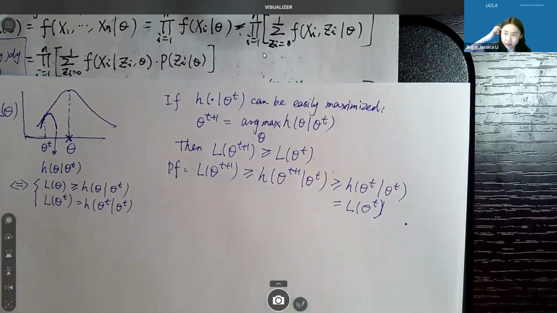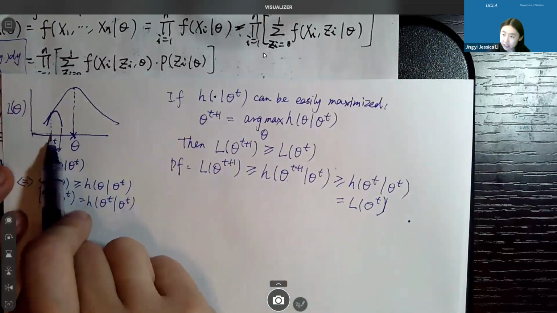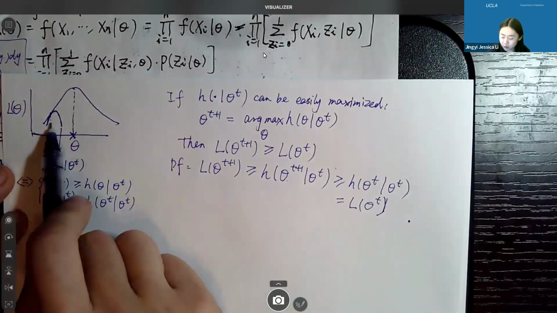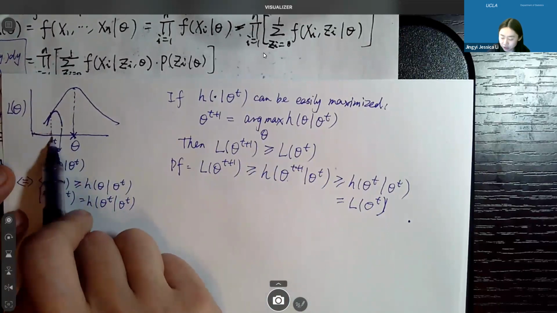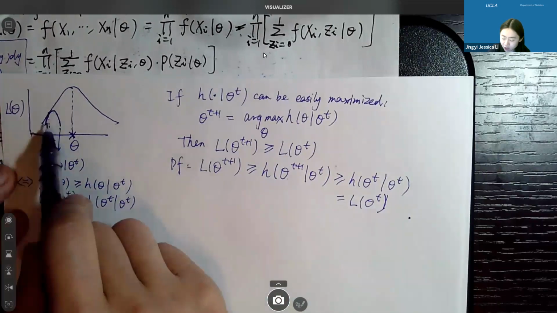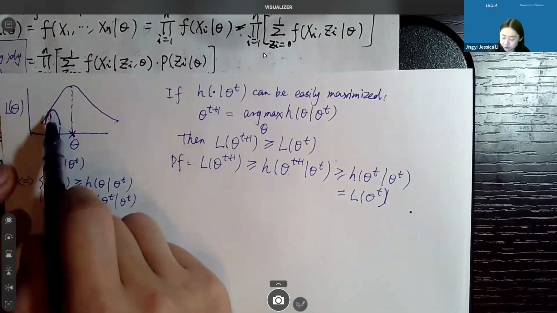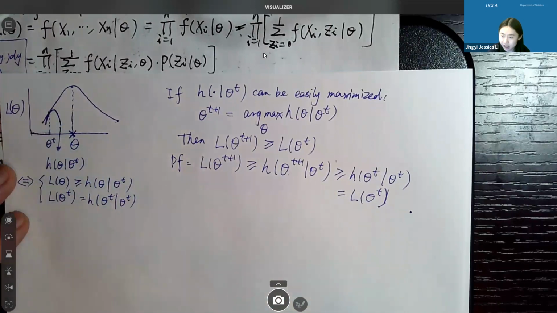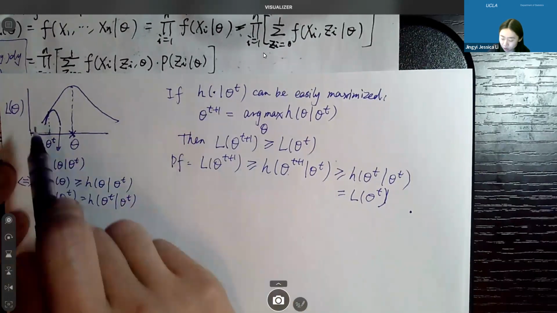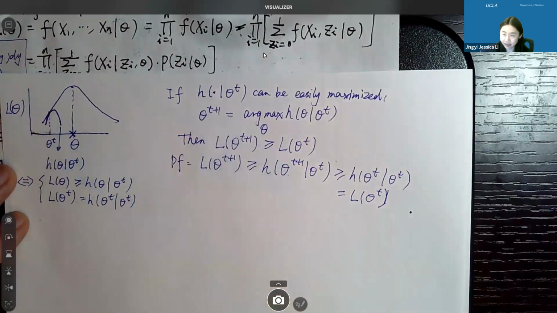So the whole idea of this iterative optimization is that at every step, at the current value, we find the lower bound which is tangent to the target function at the current value. And then we optimize this lower bound. This can ensure that our target function is also increased. And then we go to t plus 1. We do another lower bound tangent at t plus 1 again and again until we cannot further increase.